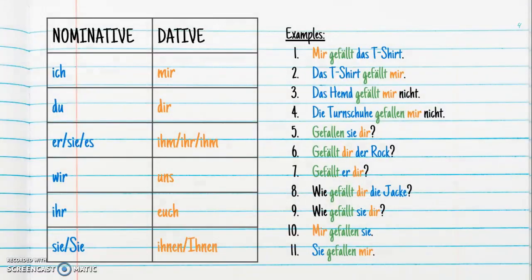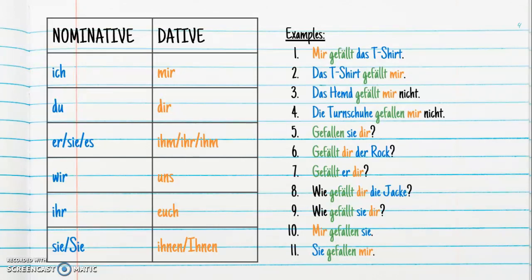When you use this in sentences and need to write with it, you need to know the dative pronouns. And in this case, I have put the nominative and dative up. Nominative you should already know. These are the words from the verb chart. So ich, du, er, sie, es, wir, ihr, sie, und sie.